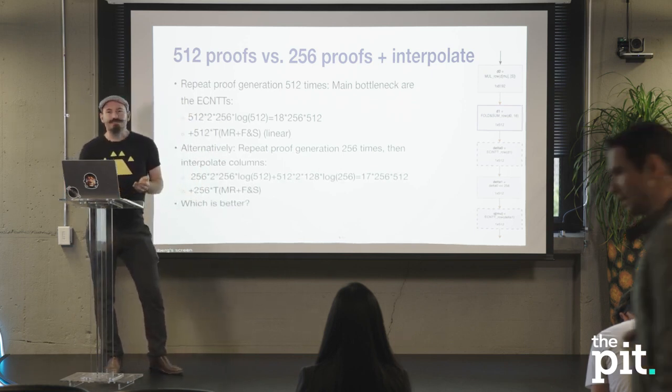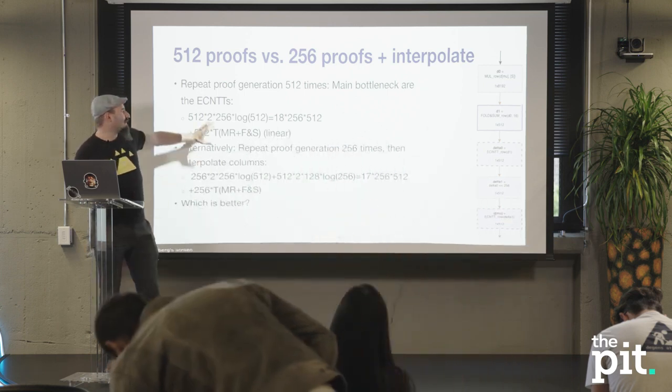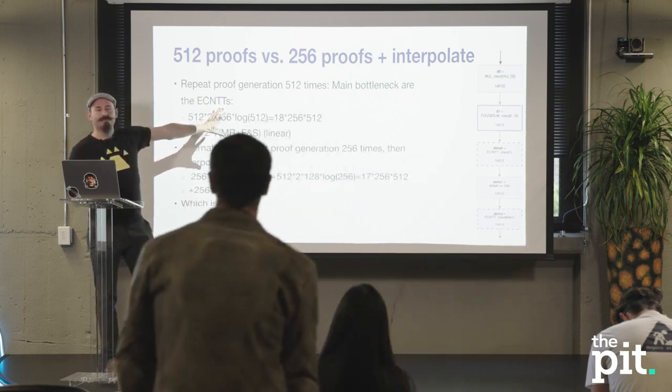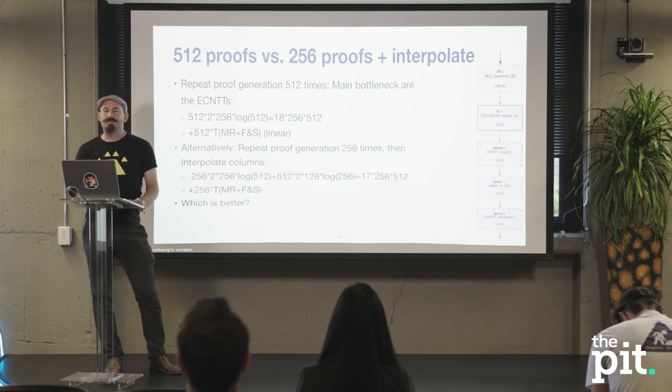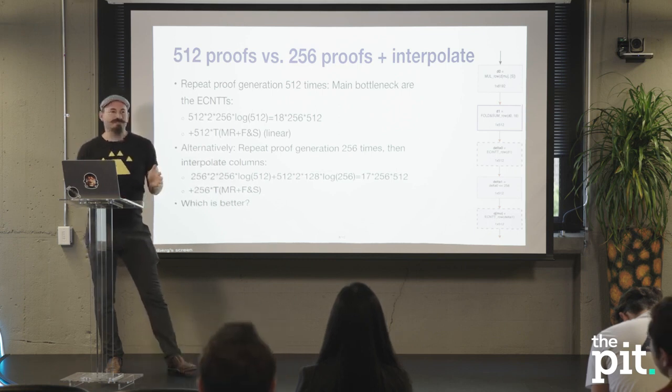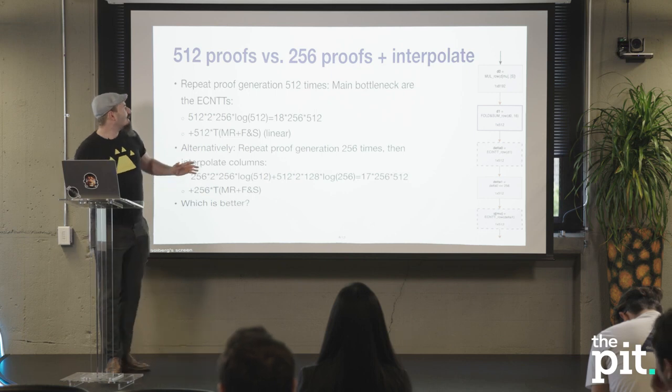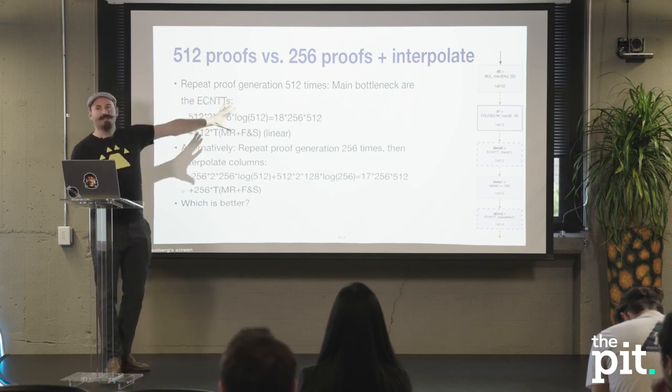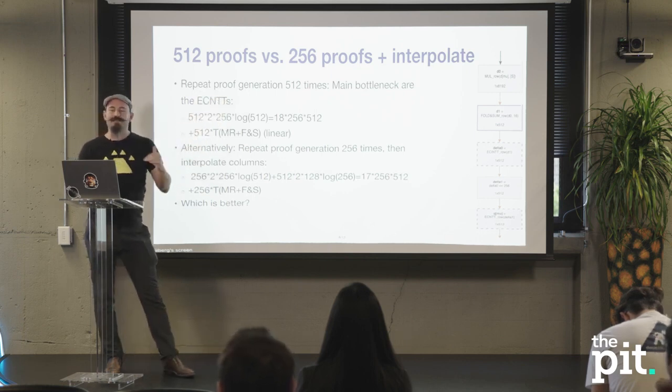Why is that? The reason is we can parallelize this better. So we're gonna implement this on a GPU, and the GPU can do a lot of things in parallel, and this can be fully parallelized. So with the 512 times repeating this computation, we can do them all in parallel.